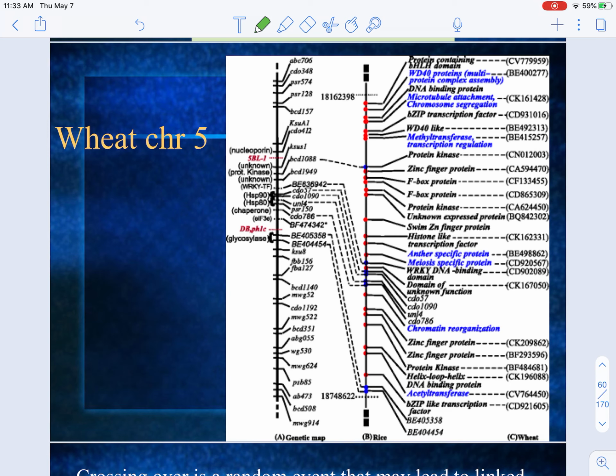So I'm going to explain how this works. This is an example of how they gene mapped chromosome 5 in wheat, and so they know where all these genes are placed.